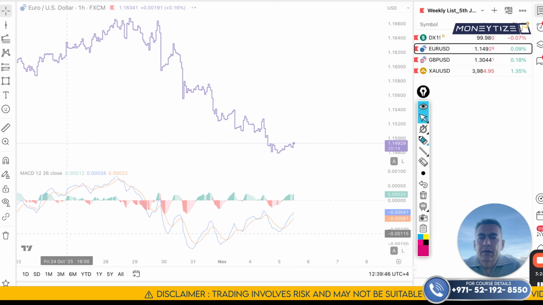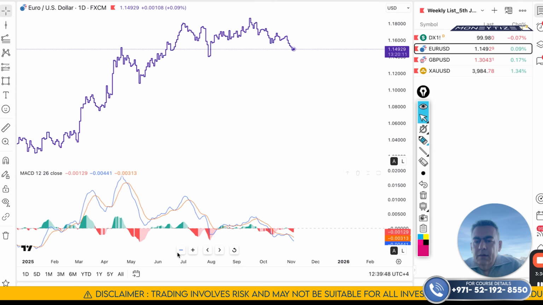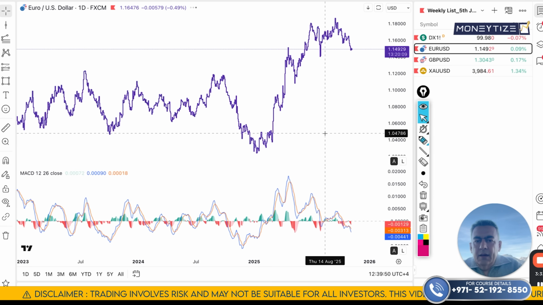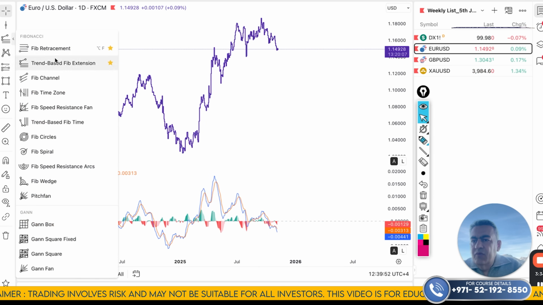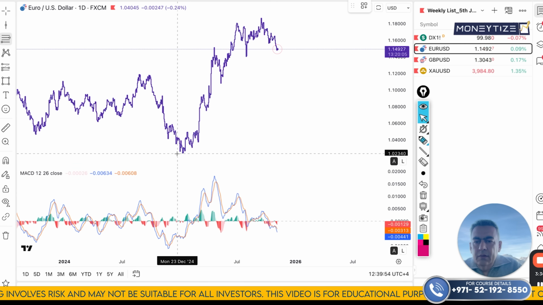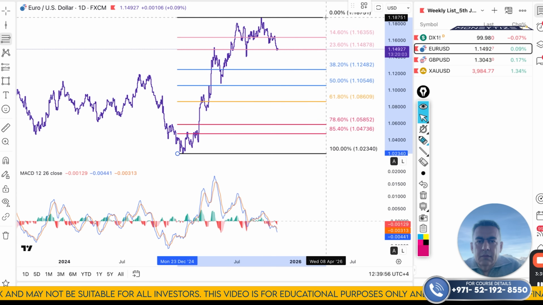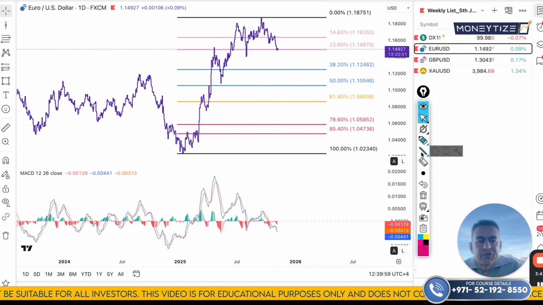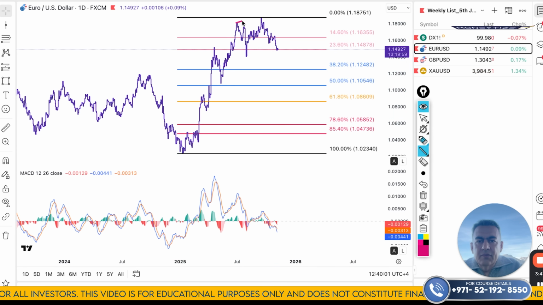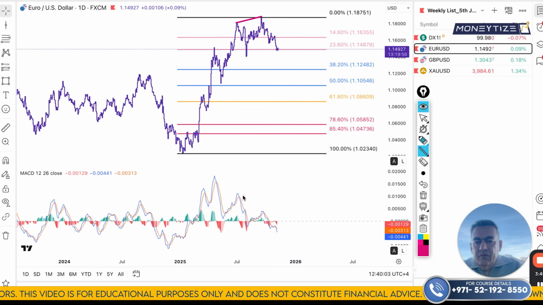I'll start from daily here. Now on the daily frame, I'm gonna connect my fib retracement from the swing low to the highest point. And Euro USD came under bearish divergence. So here we found a higher high pattern with a lower high on the MACD line. So bearish divergence applied, which means buyers were done.